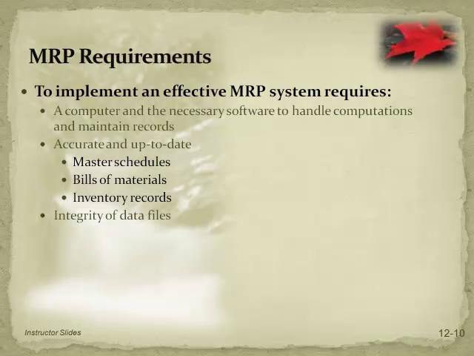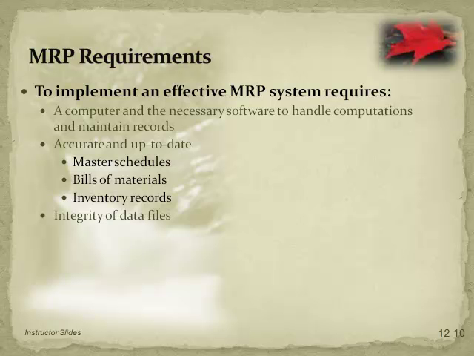So what does it take to implement an MRP system? I can tell you from personal experience that it takes a great deal of work. It takes a great deal of planning to do it. But the things that are also shown here are also very important.